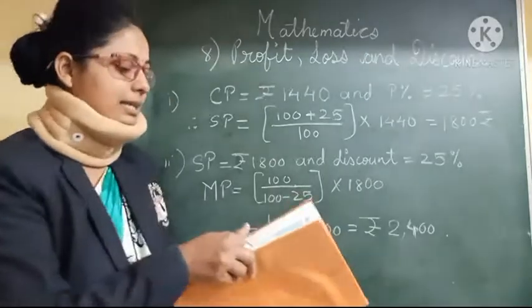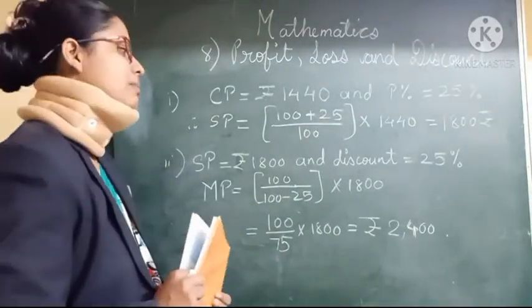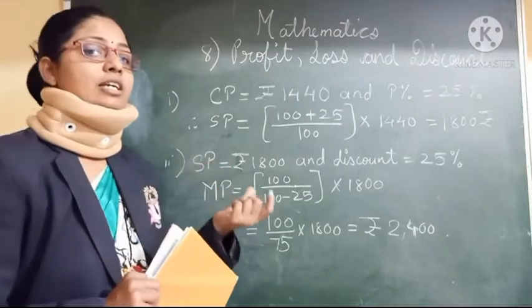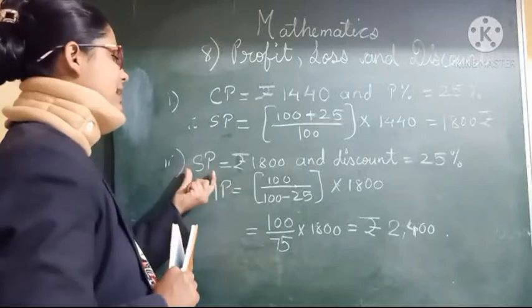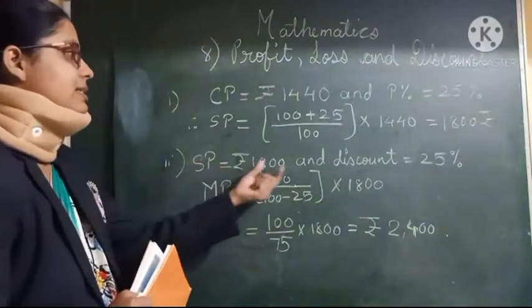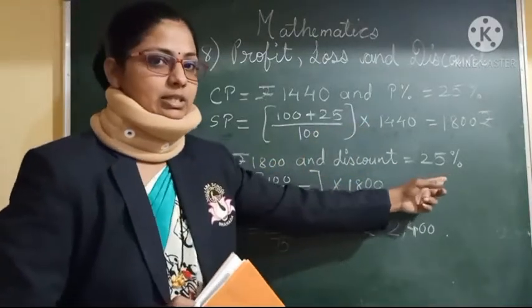Now, in the second case, what is asked there? It's mark price. So what will be the mark price? We now know the selling price. So selling price is 1800 and discount is 25%.